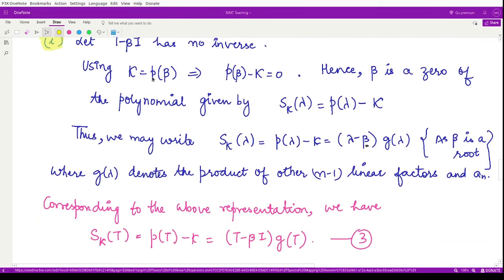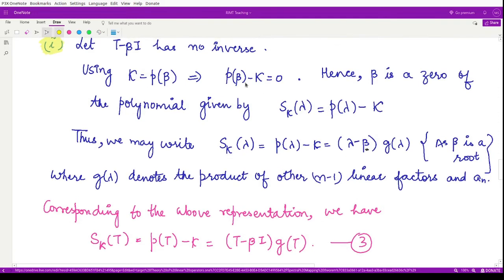Let's see what happens here. Our kappa, which was P of beta, so we can write P of beta minus kappa is equal to 0, right? And because we have inputted the number beta here, beta would serve as a zero for the polynomial.